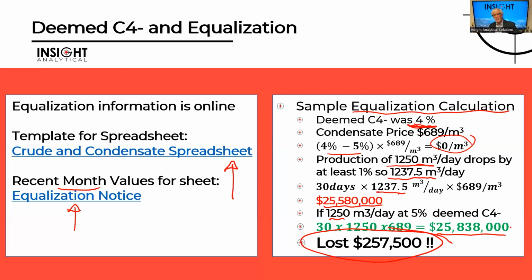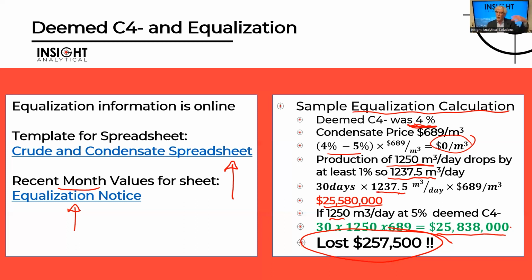The only way to practically do that is by continuously measuring what the DMC4 is at the outlet of that condensate stabilizer and optimizing your temperatures and pressures based on composition. You can't do that by sending samples to the lab. The lab's going to take a week to get you some numbers.